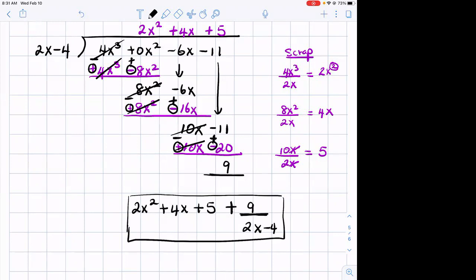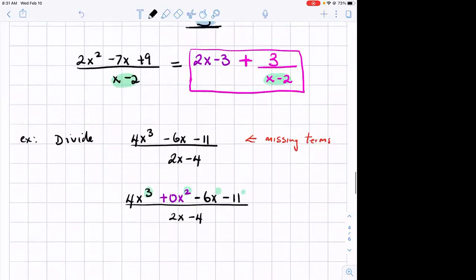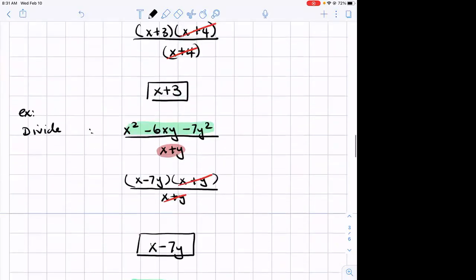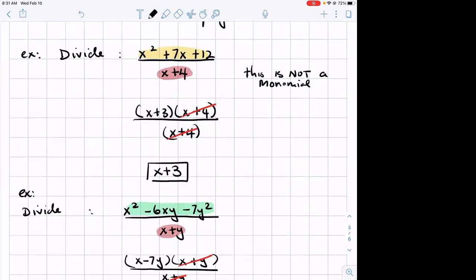Now, remember the very first problem I did? The very first problem I did was (x squared plus 7x plus 12) over (x plus 4). Because sometimes we are thinking about our work and we don't see when things can be factored.